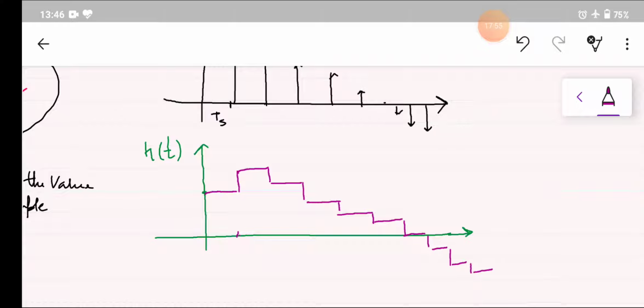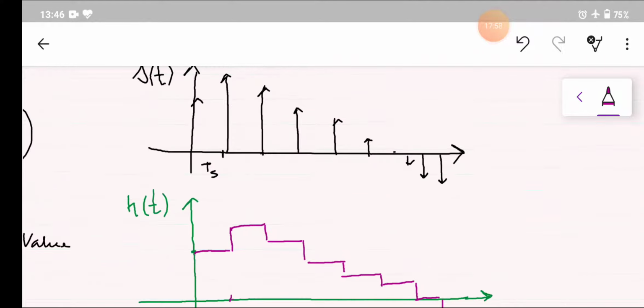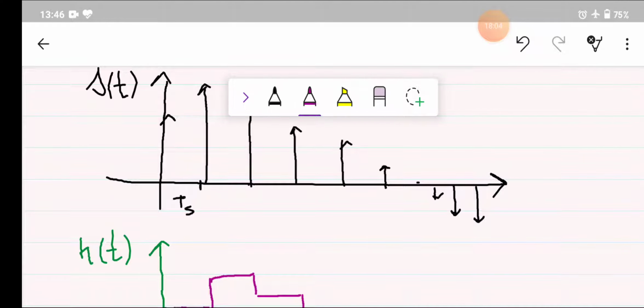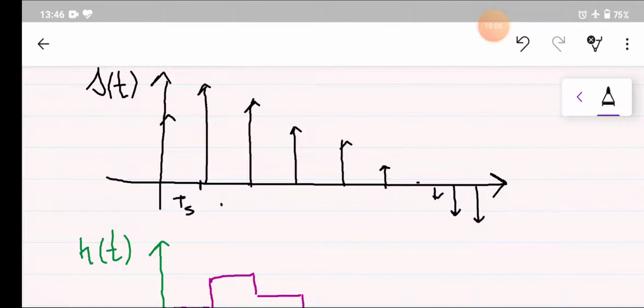So they are equally spaced impulses. As this is TS, so it will be 2TS, or I can say this is TS also, this is also TS, and so on.